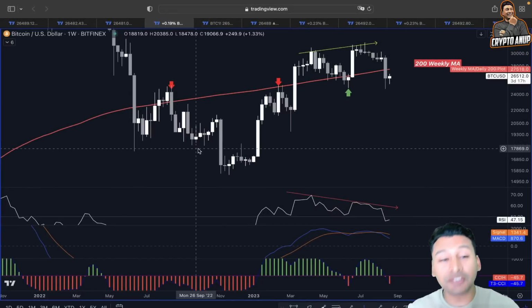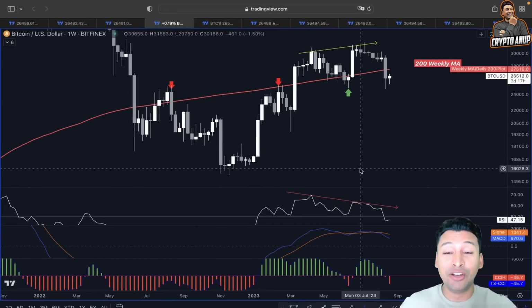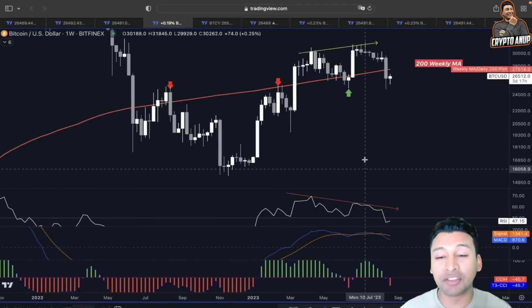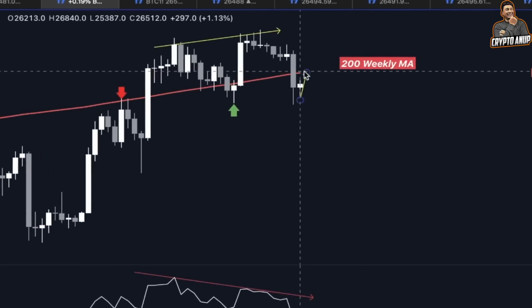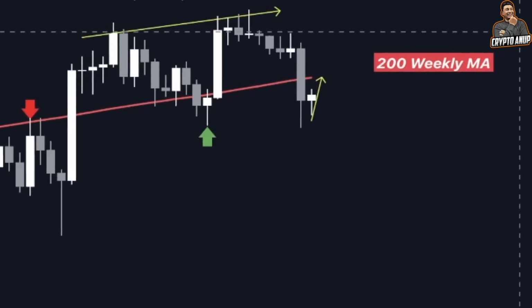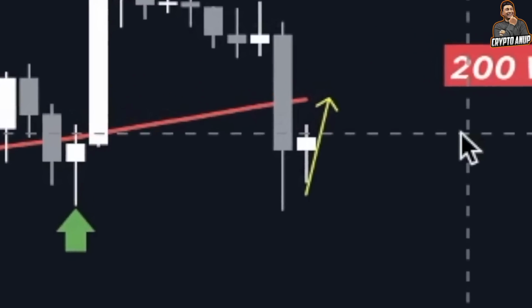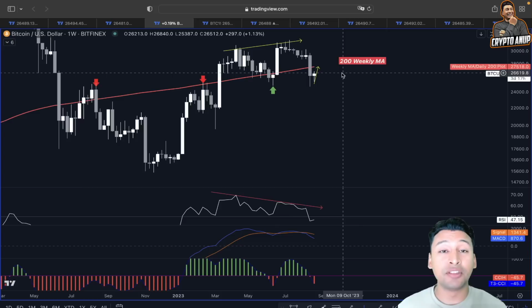Yes guys, the price of Bitcoin in our case is forming a very interesting scenario. But if we look at the bigger picture, we know the bigger picture still looks bearish. I mean, even though if the price in the medium short term does show a relief rally, we know this 200 weekly moving average, again sitting around 27,500, is going to be acting as a line of resistance since we are below it.